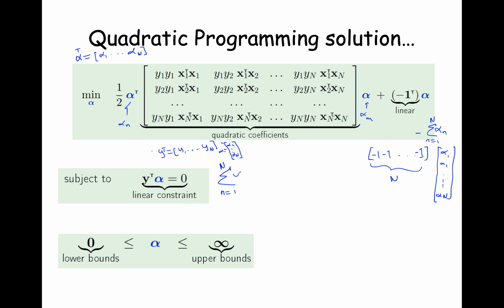That's the same as saying yn alpha n equals 0. So this is our constraint. We had that equality constraint, and that's very straightforward.